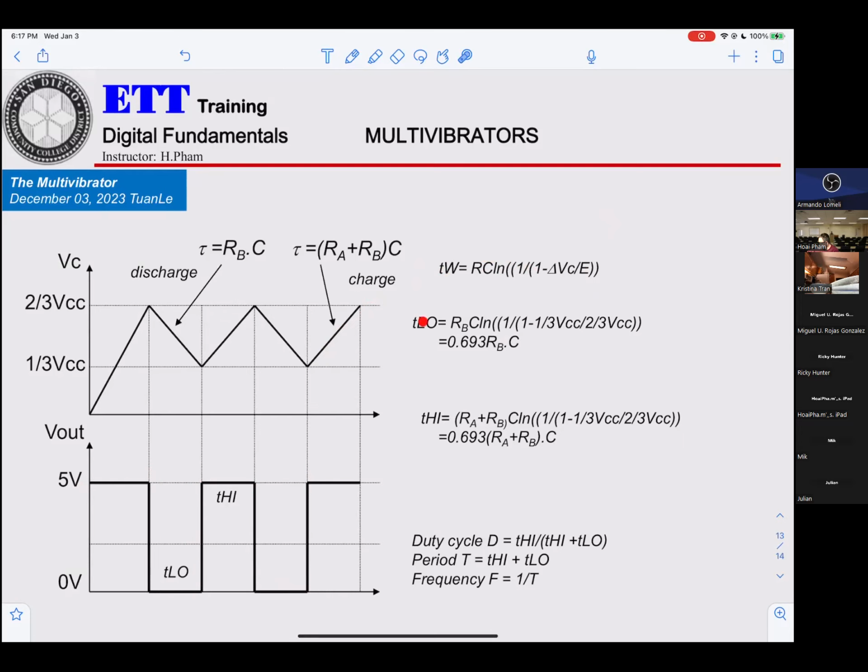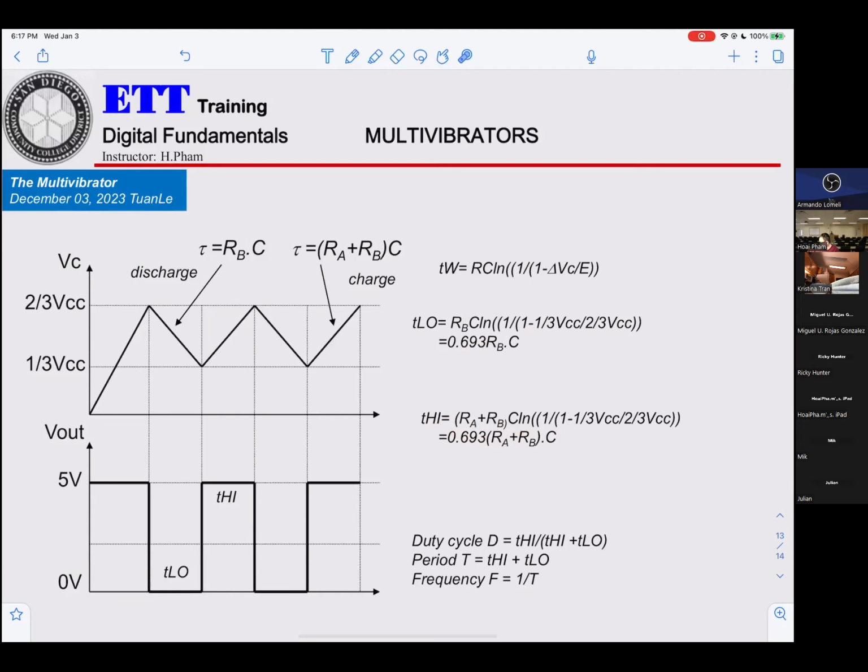And T low, this is the formula, but basically it equals 0.693 times RB times C, the capacitor, and T high, this is the formula.